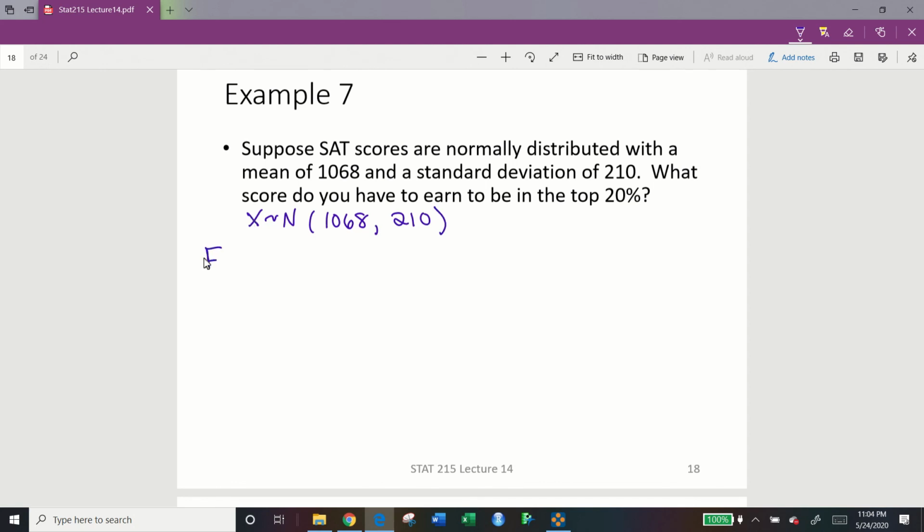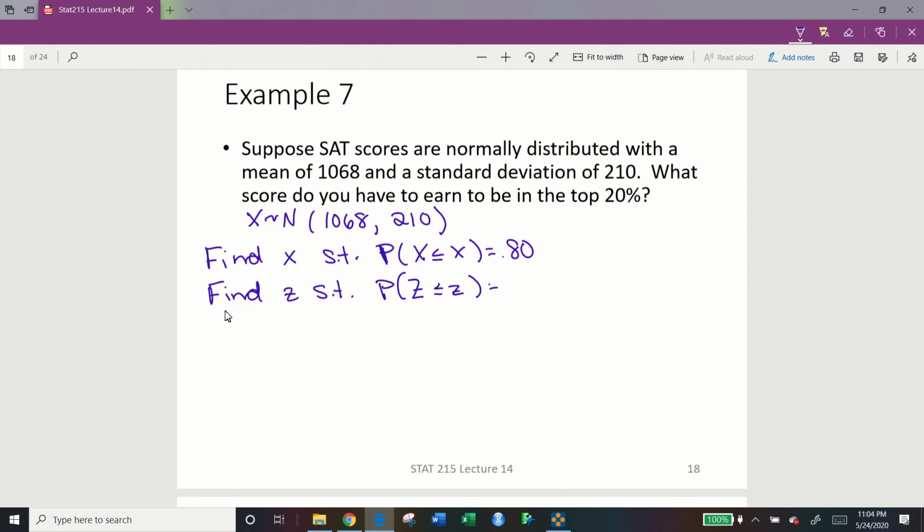We are going to want to find x such that the probability of x less than or equal to x equals 0.80, which means we need to find z such that the probability of z less than or equal to z is equal to 0.80.